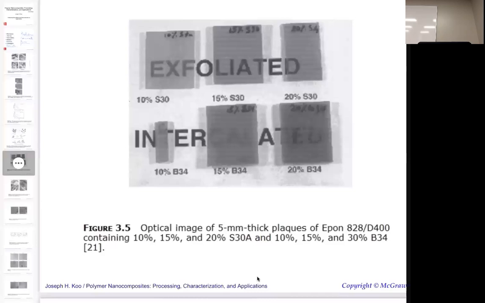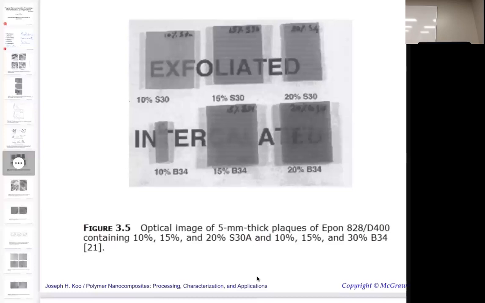So this is exfoliated up at the top in a Dow resin. Exfoliated means the plates are completely taken off and separated out. Here, this is intercalated, where the epoxy is just kind of pressed in between the plates, but there's still order. There's still a spacing.